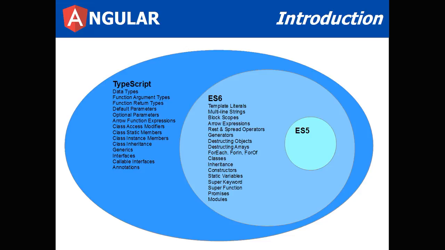And spread is the same thing. You can have a collection and pass it to a function that has an argument list, and you could spread the collection across the argument list. So those are very useful.